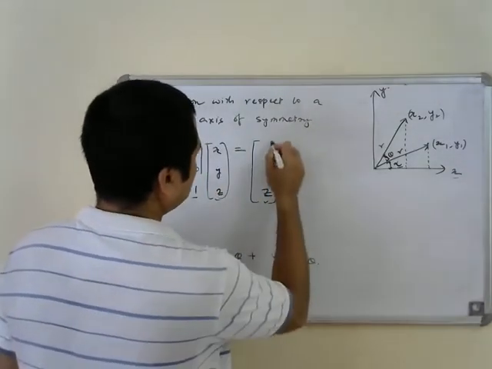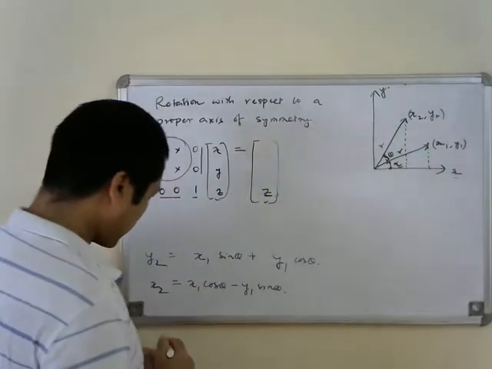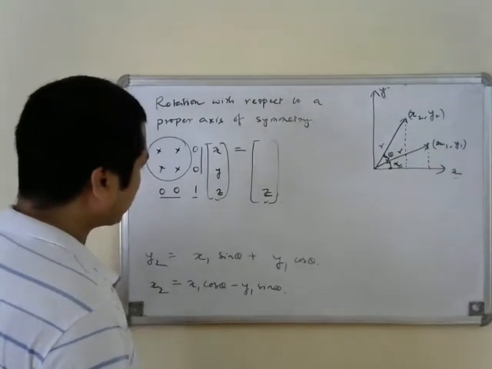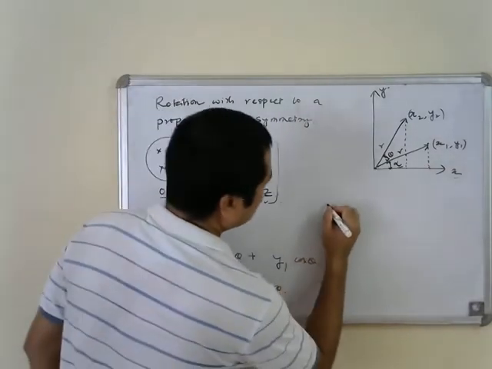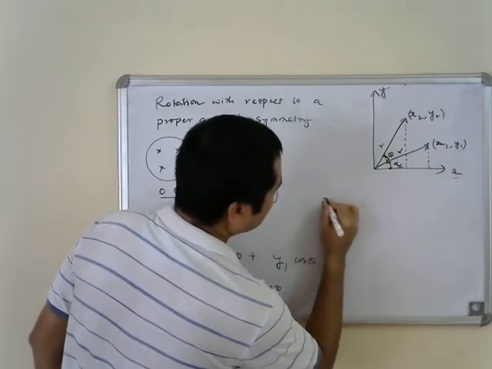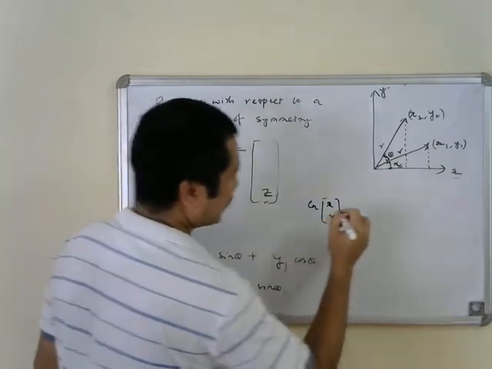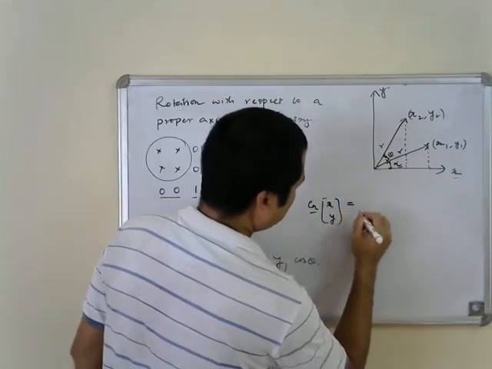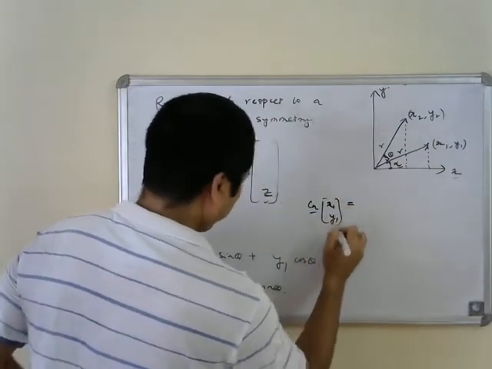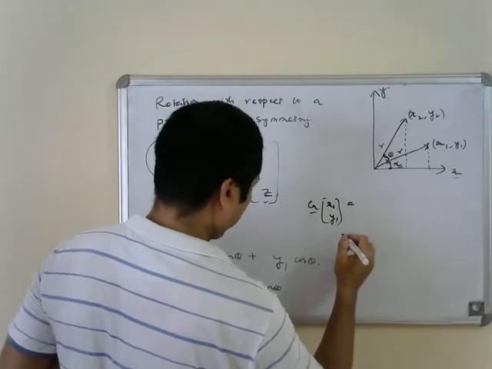Let us leave this and do this only for x and y coordinates. Let us write the matrix representation only for x and y coordinates. When we do the Cn operation, when we rotate by angle theta, what we had, x1 and y1, became x2 and y2.